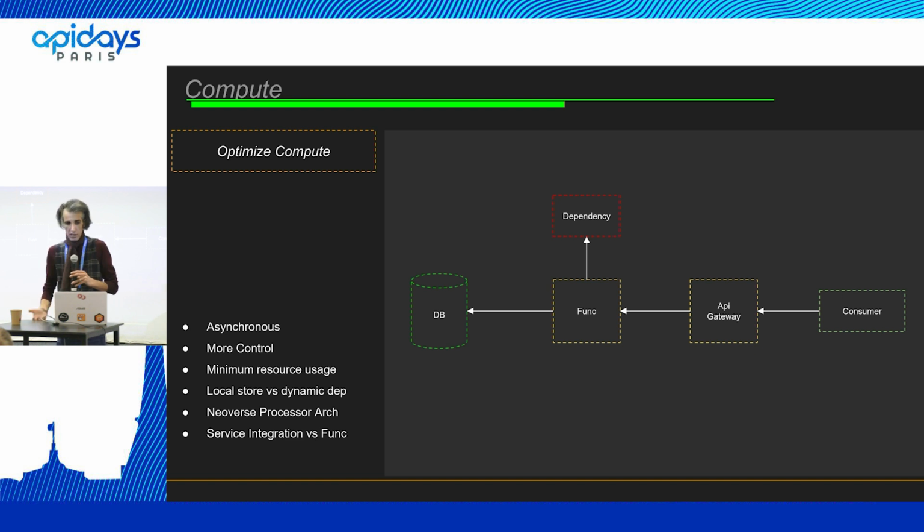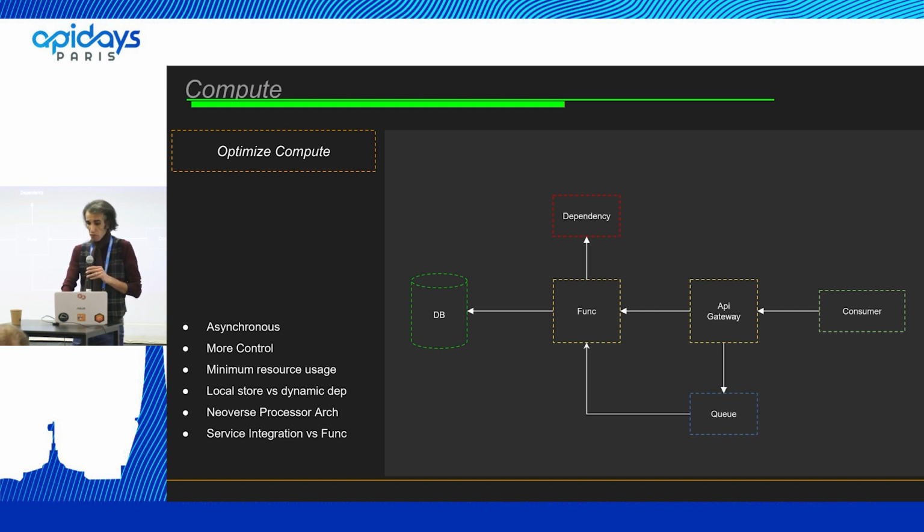So what's happening here? A consumer calls your API gateway, a function as a service, a serverless function, and behind that you have a hot dependency, an API that is not performing well. How can we improve that? Just make it asynchronous if possible: API gateway directly to a queue, and behind that the queue triggers your serverless function.